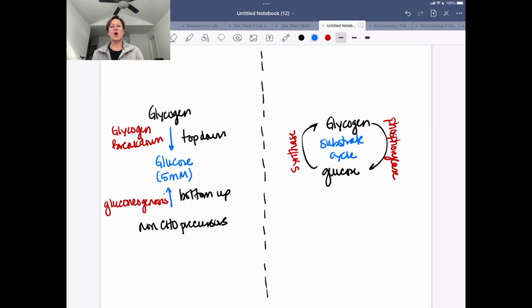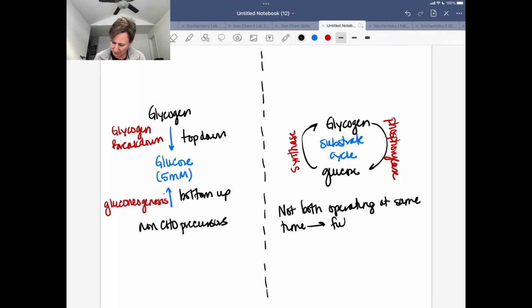And one of the things that we talked about in class is we would not want both of the arms of this pathway operating at the same time. This would create what we call a futile cycle.